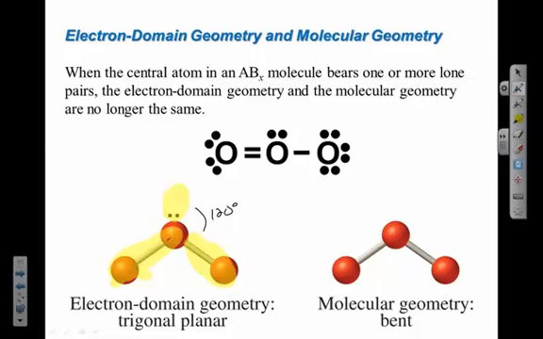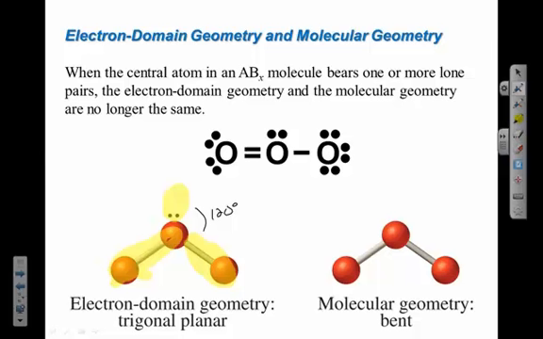Questions about the geometry of that? Yeah, that's why I'm saying if all of your electron domains were bonds and none were lone pairs, then the labels would be exactly the same. So the only difference is if I do have a lone pair, I have to realize it's there because it's repelling, it's creating the angle between the other bonds.